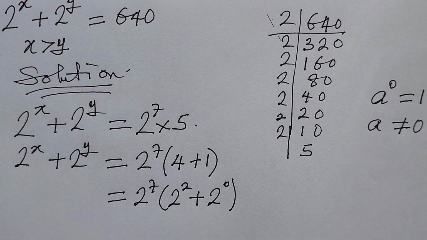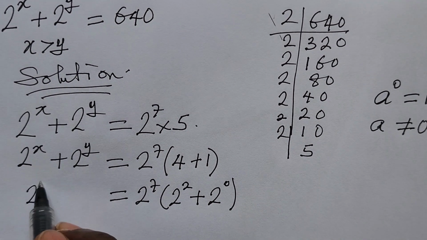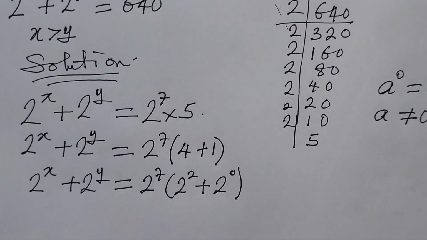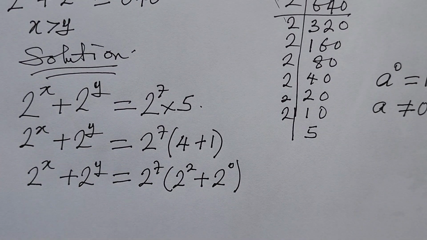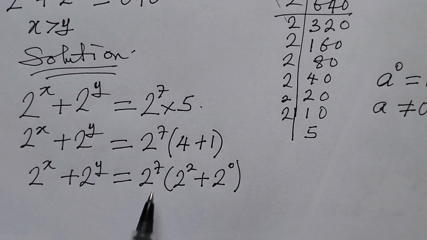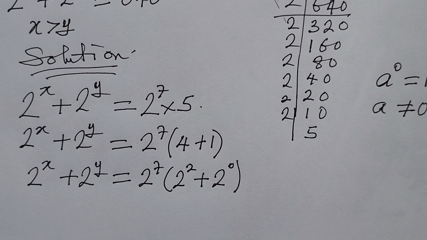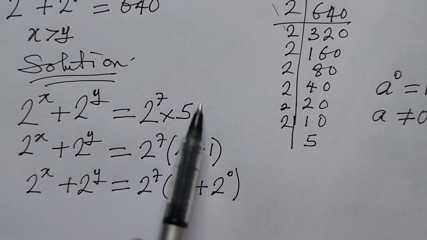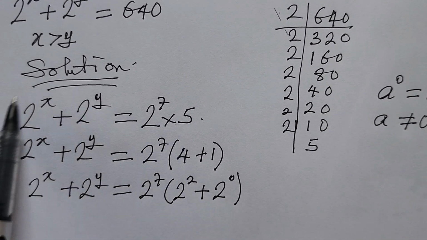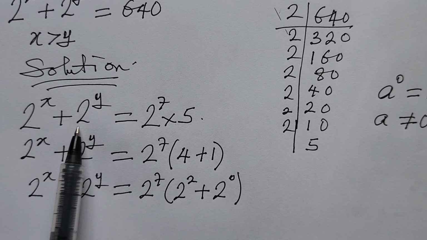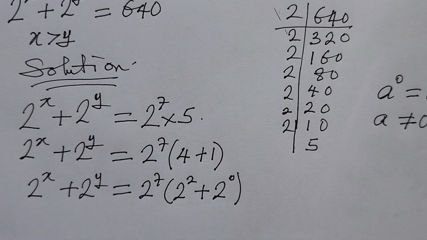Okay, mind you, we have our expression here, 2 to the power of x plus 2 to the power of y, on this other side. This 2 to the power of 7 is multiplying everything inside. Like I said earlier, we want to express the left-hand side of the equation in the format where we have 2 to the power of a certain number plus 2 to the power of another certain number.